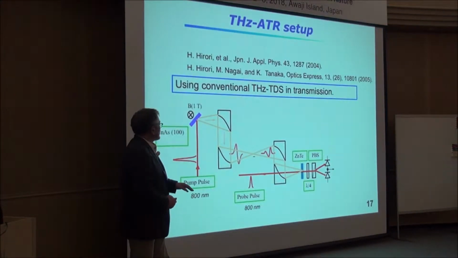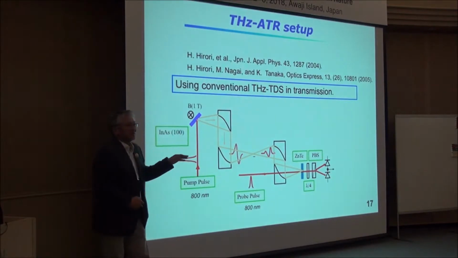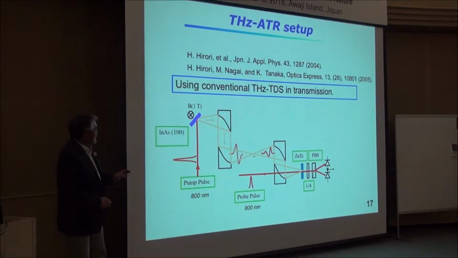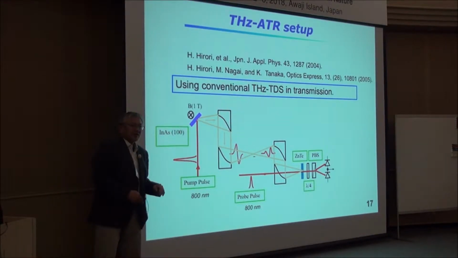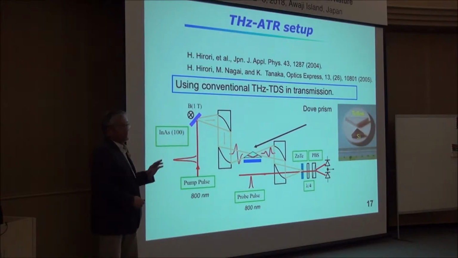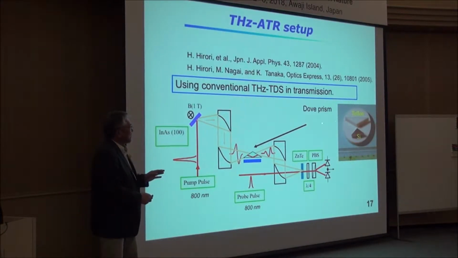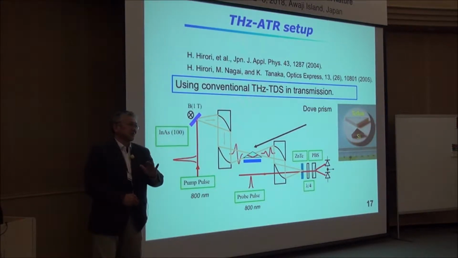I want to show you just one example, but before that, I want to show you the measurement system. This one is a transmission system, like the same, and here is the sample position. Our special technique is that we invented a DAF prism method. Maybe you don't know the DAF prism, but after internal total reflection, the original optical path does not change.